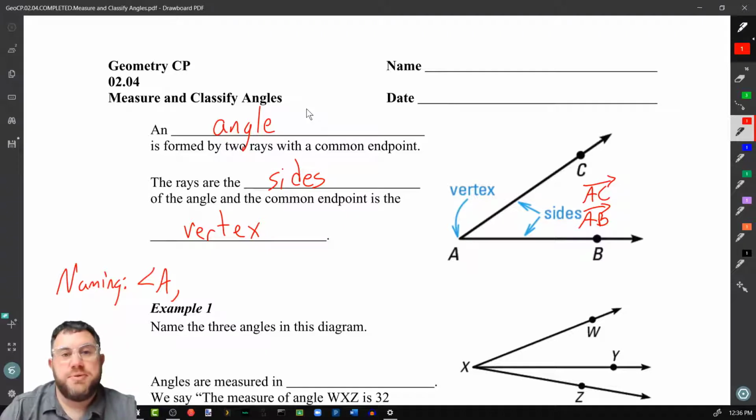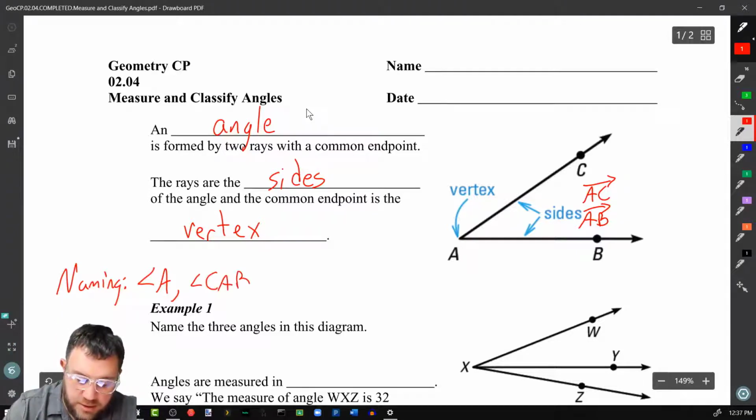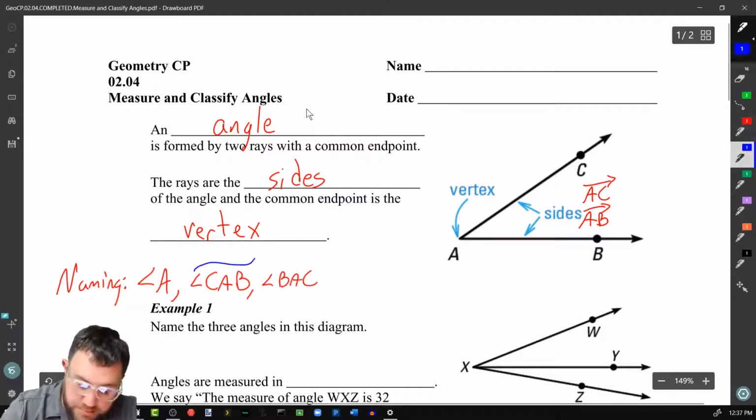We could name it using 3 points: a point on one side, the vertex, and then a point on the other side. So this could be angle CAB or angle BAC. Notice in both of those, vertex is in the middle.